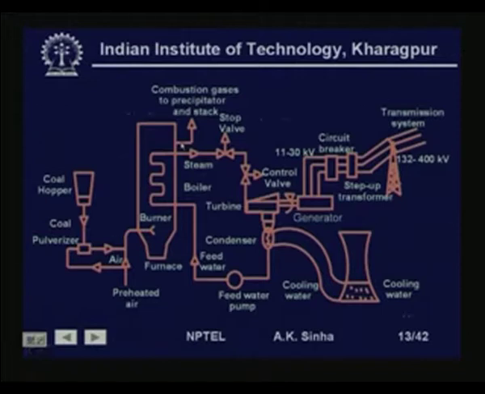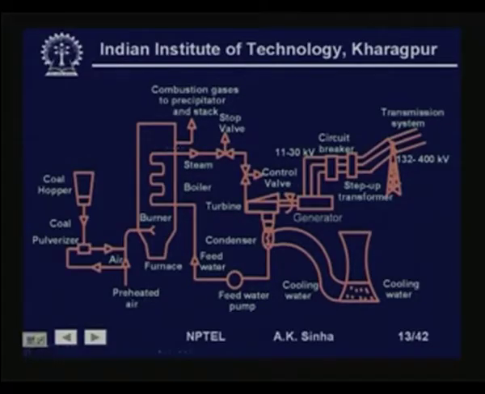But the newer stations have electrostatic precipitators which scrub out all these particles in the flue gas, and from the stack you will find a very thin white smoke coming out. So, this is to reduce the pollution.